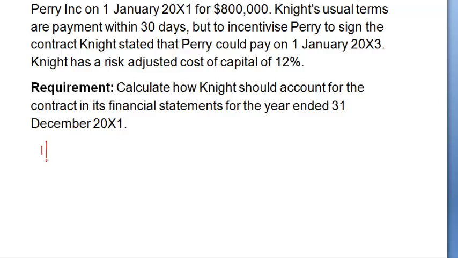Well, on the 1st of the 1st X1, we would credit revenue with 800,000, but I'm going to discount that for 2 years at 12%.